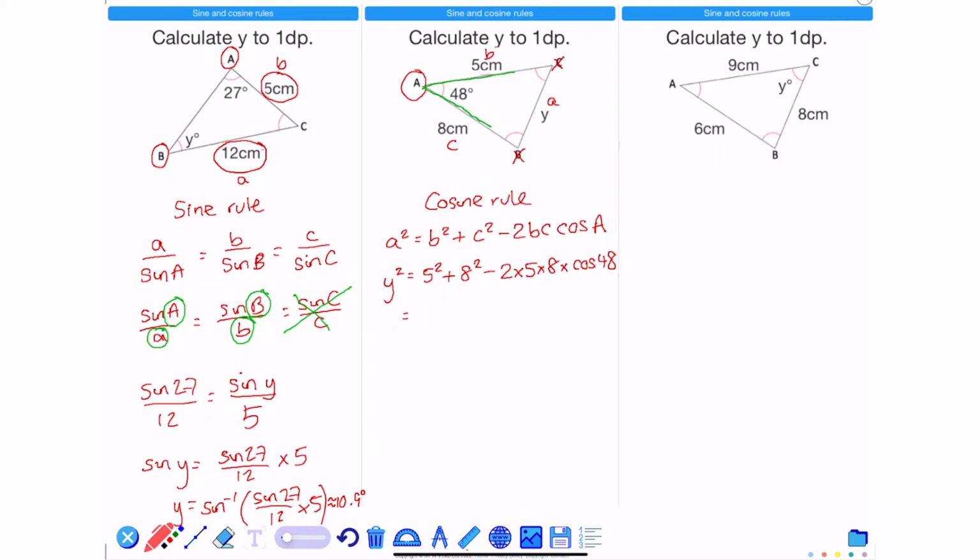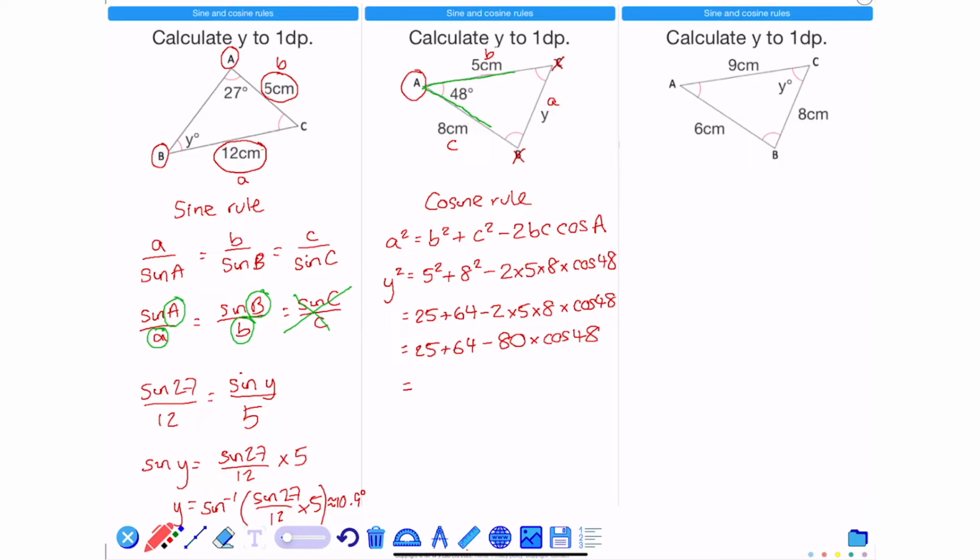Evaluating what I can, 5 squared is 25, 8 squared is 64, and I'm going to take away 2 times 5 times 8 times the cosine of 48. Simplifying again, 25 plus 64, take away 2 times 5 is 10 times 8 is 80 times the cosine of 48.